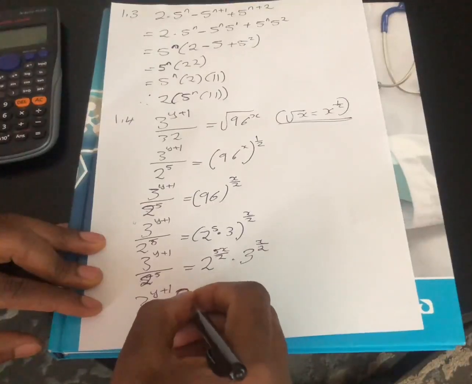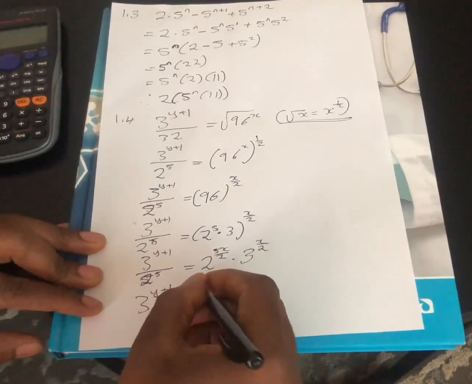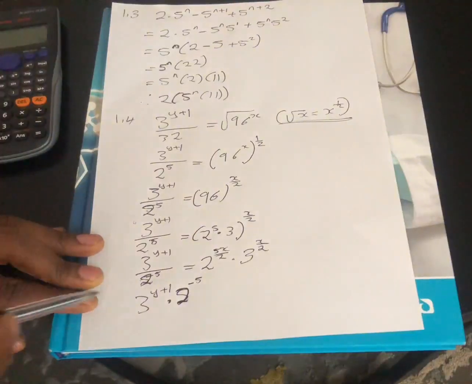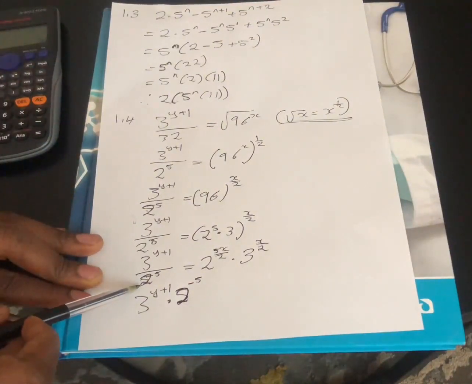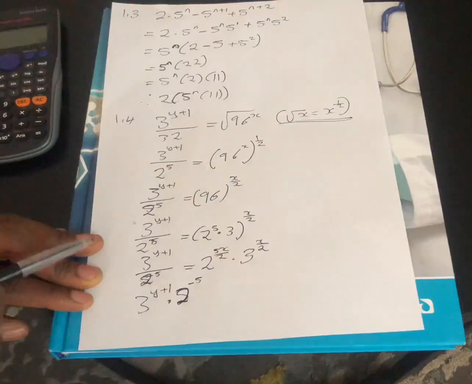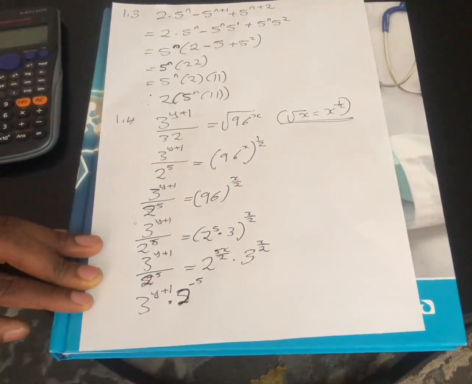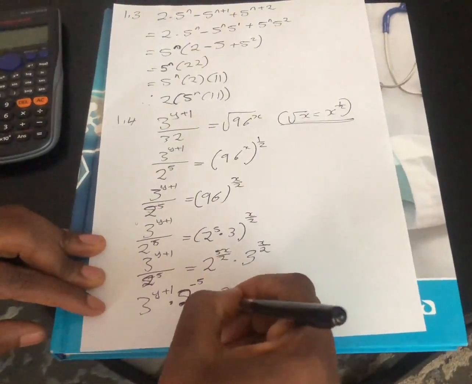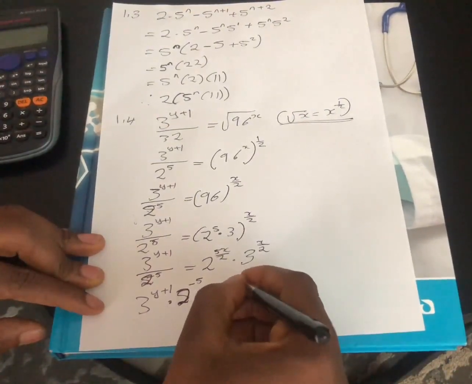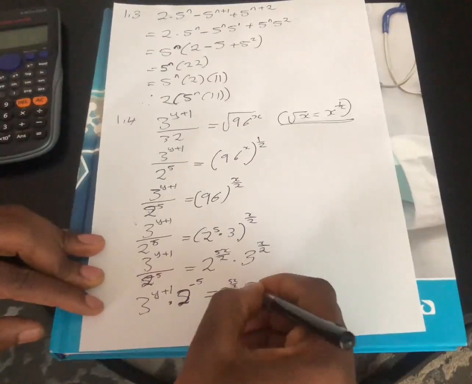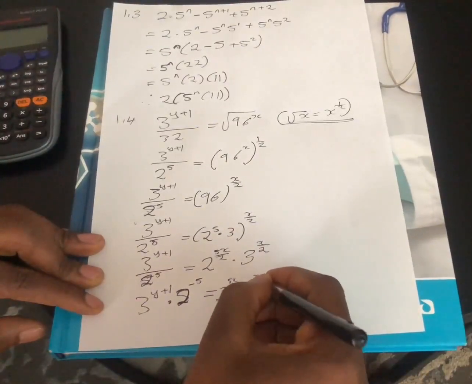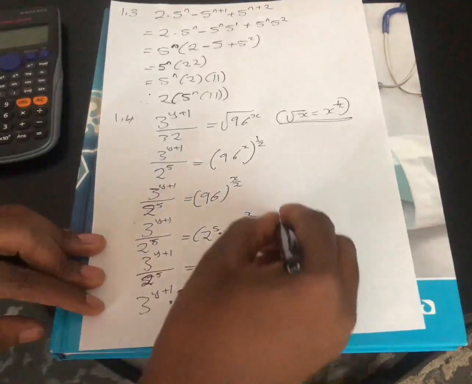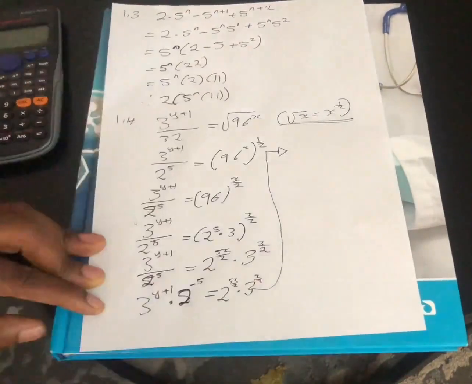We all know that whenever we take something from the denominator to the numerator, we change the sign. Instead of having to the power positive 5, we have to the power negative 5, is equal to 2 to the power 5x over 2 multiplied by 3 to the power x over 2. Because of space, good people, I want us to continue there.